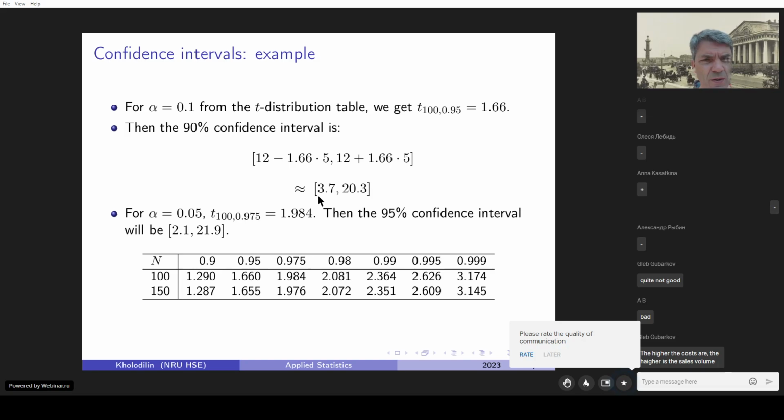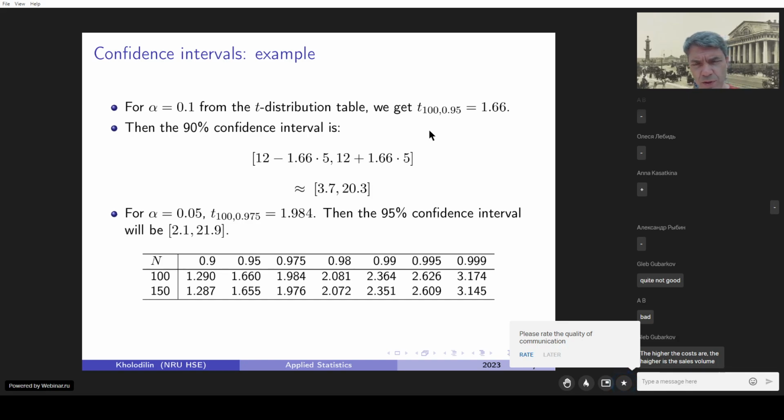So we need to set the confidence level. So we say alpha is equal to 10%. So we have 102 observations minus k, which is equal to 2. So the number of degrees of freedom is equal to 100. So we go to our table.